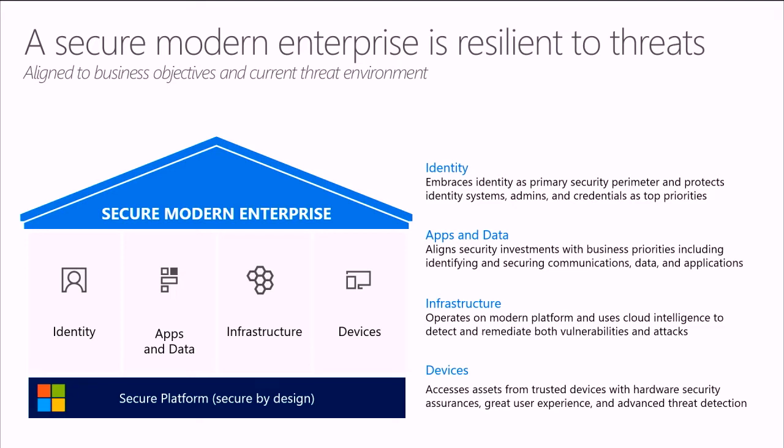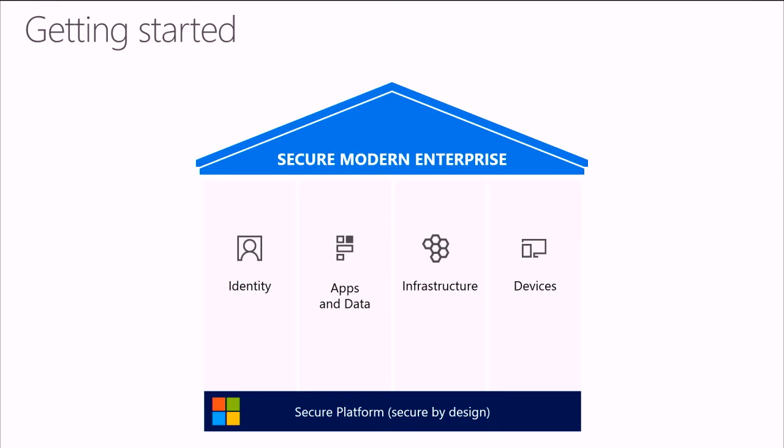And we can break that down further when we look at the identity and the apps and the data and the infrastructure and the devices perspective. Identity really is a security perimeter. We're going to talk a lot about that. The business value is captured in the apps and data. What are the applications and capabilities they're providing to their customers and their employees?